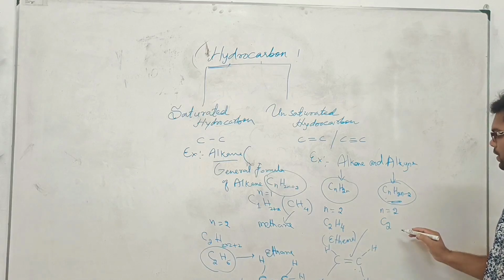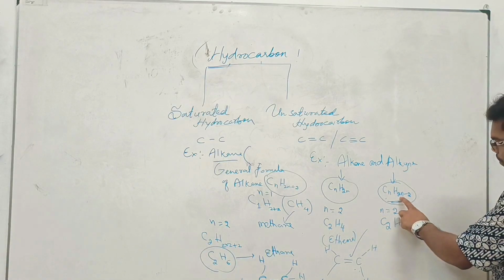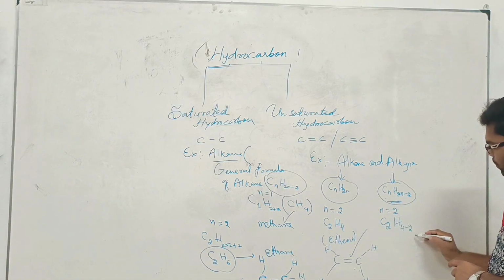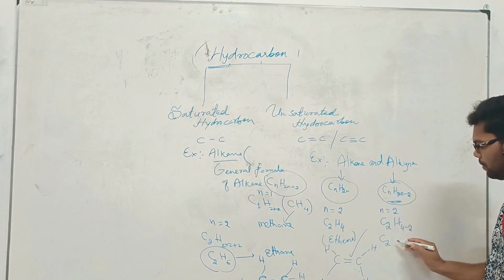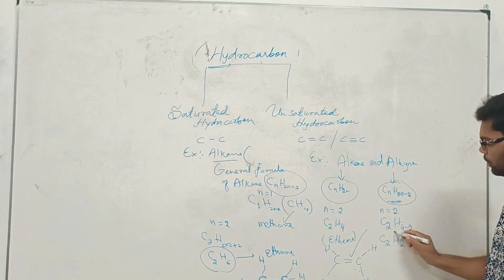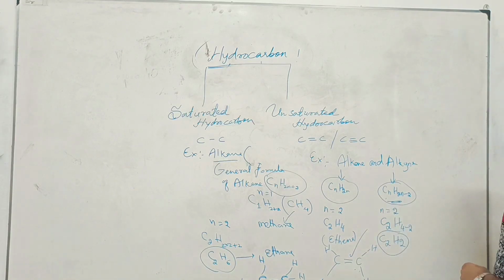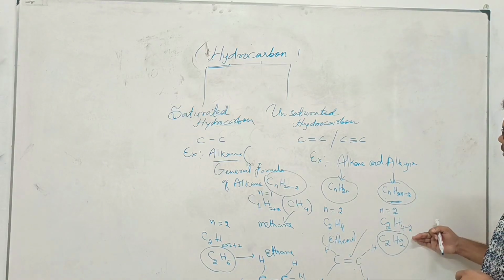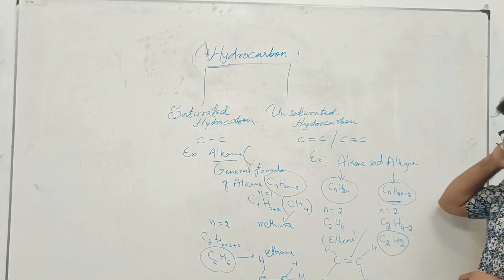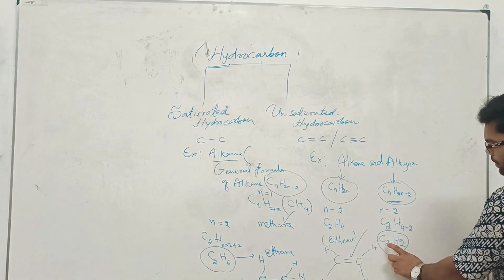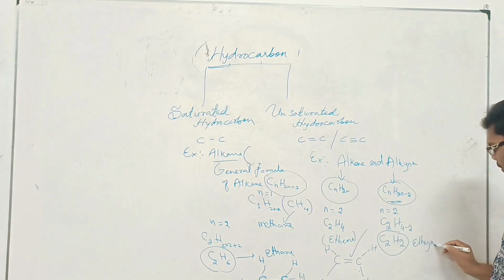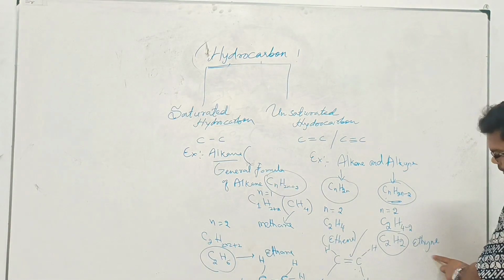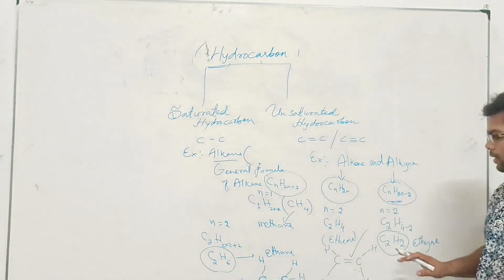It will become C2H, 2 times n is 4, minus 2. Therefore the compound will become C2H2. This is a compound from the alkyne family. Its name is actually ethyne.